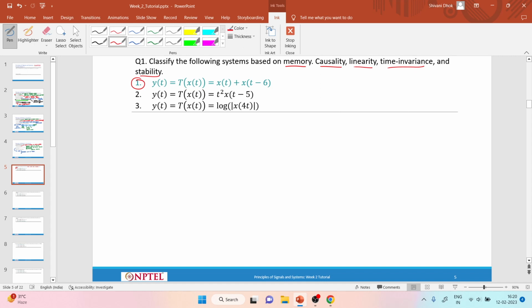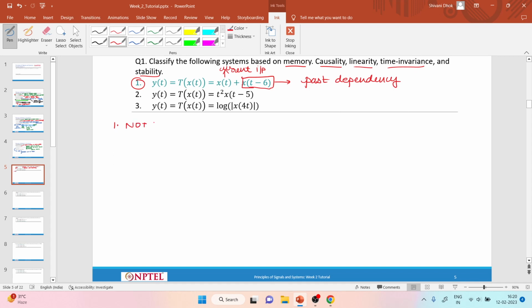So let us first look at memory. If we observe here, we have a term x of t minus 6. This term indicates past dependency, and this term is the current input. Since we have a past dependency, it is not a memoryless system.